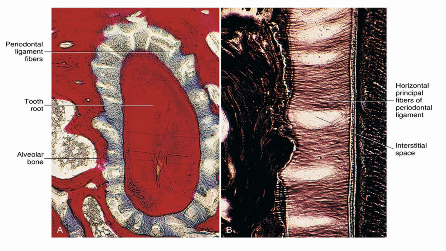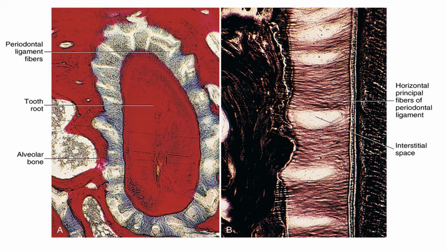Now on the right side we see the horizontal fibers which, as we said in the last picture, run at a right angle to the root surface and are parallel to the occlusal plane.